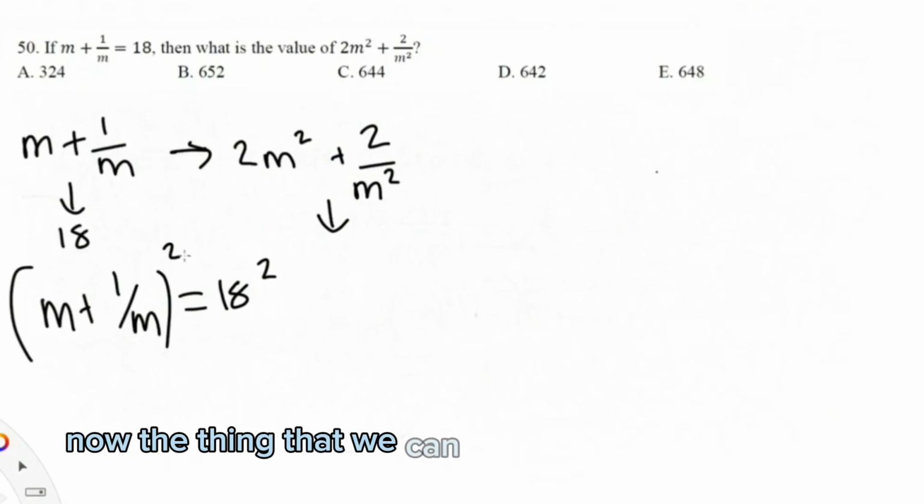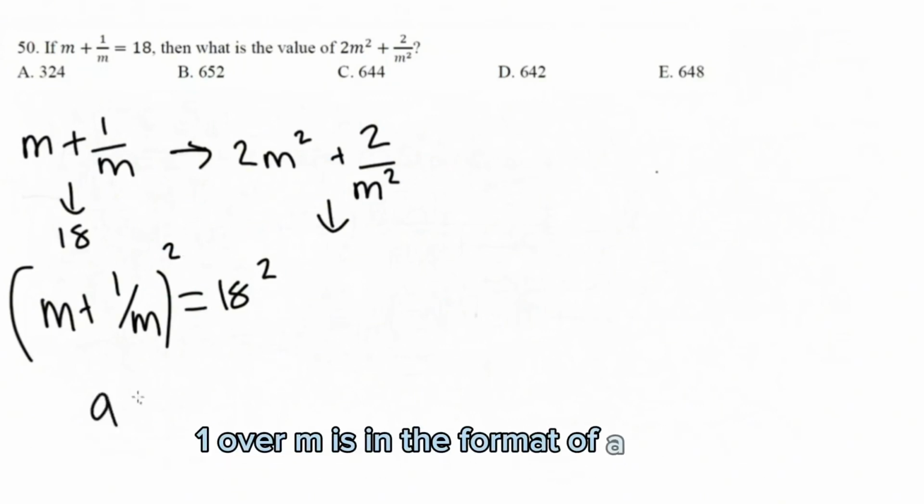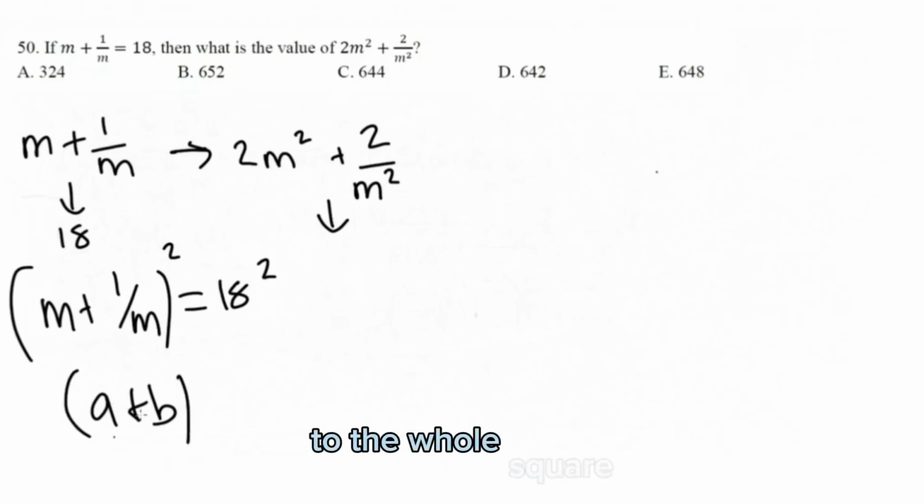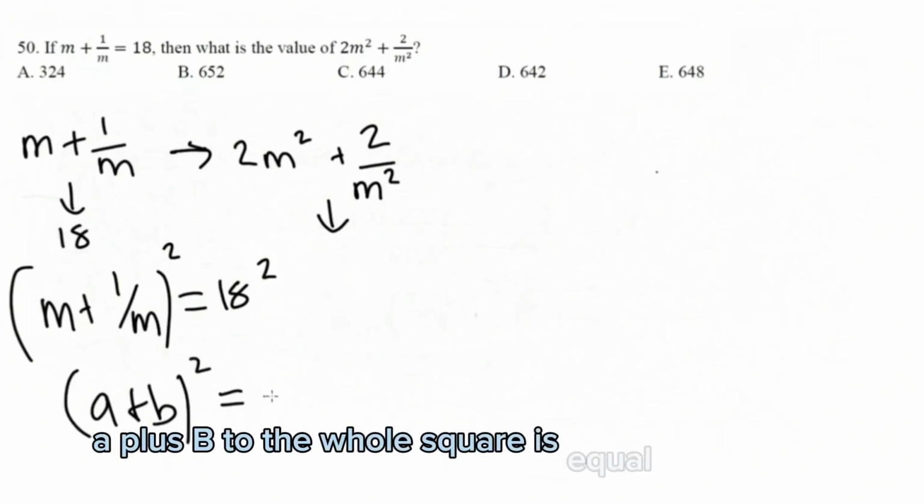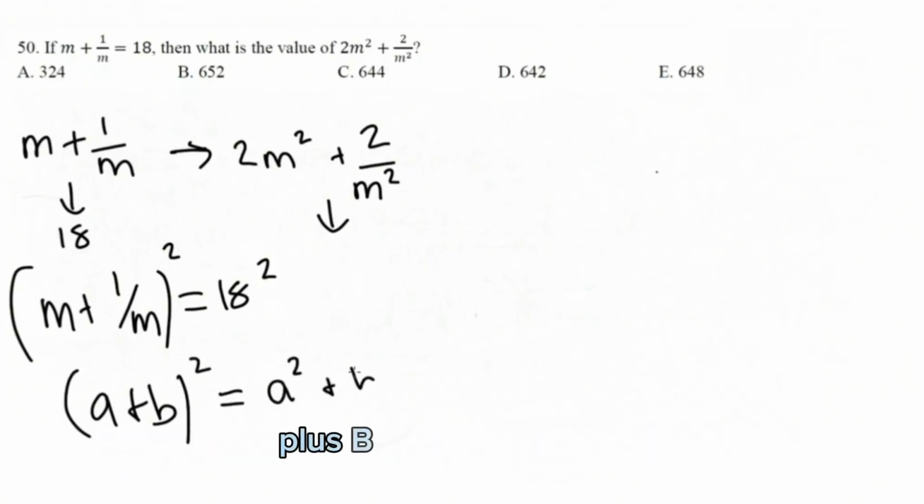Now, the thing that we can realize here is that m plus 1 over m is in the format of (a plus b) squared. (a plus b) squared is equal to a squared plus b squared plus 2ab.